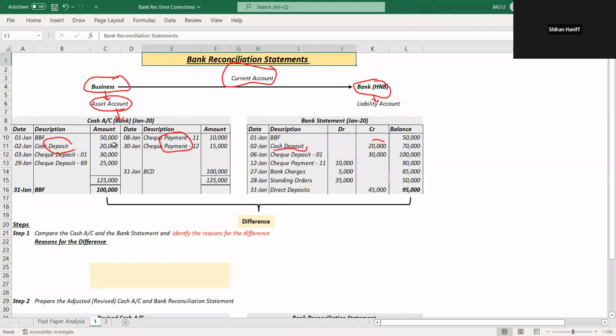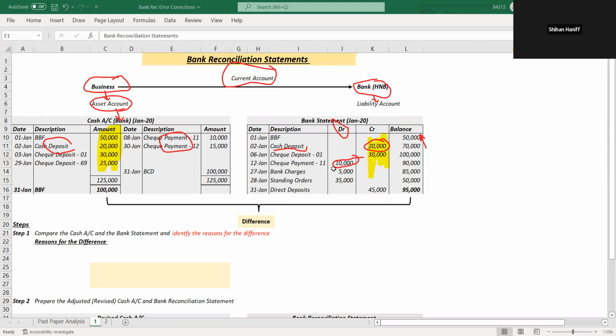So all the debits should be credited to the bank. All the credits should be debited.